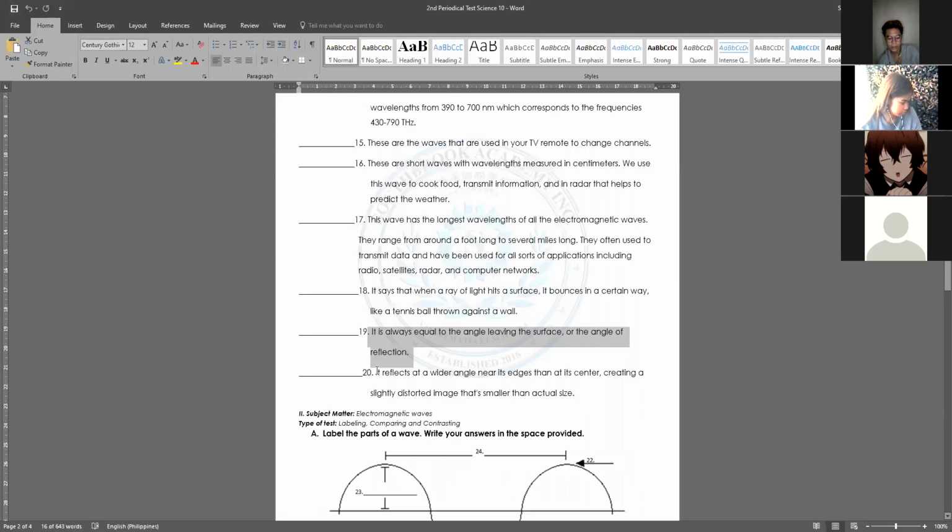And number 20, let's have Silvosa. It reflects at a wider angle near its edges than at its center, creating a slightly distorted image that's smaller than actual size. Convex mirror. Yes, convex mirror.